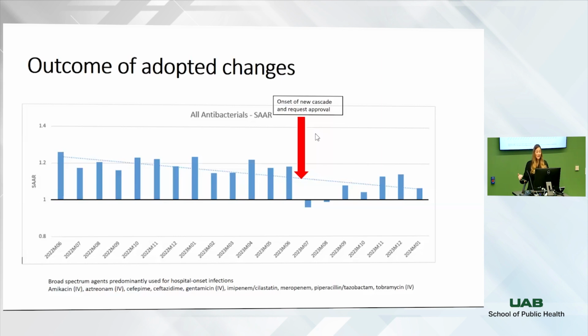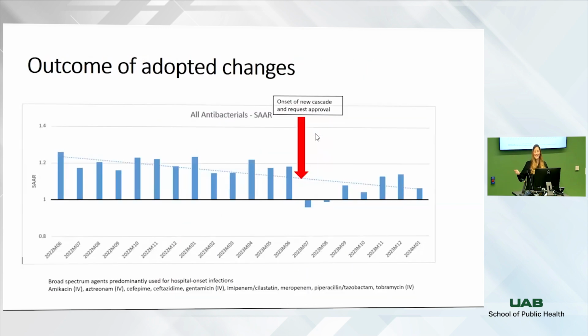And so we greatly reduced our antimicrobial usage at this institution just by reducing the amount of information we were giving providers and making it easier for them to prescribe the right antimicrobial in the right situation, or in some situations, no antimicrobial at all.